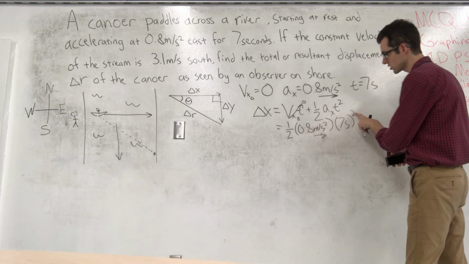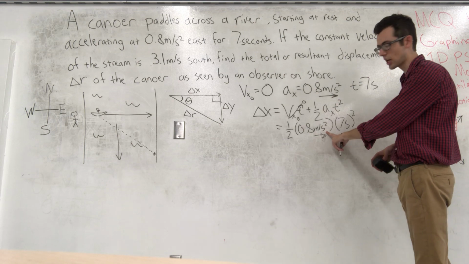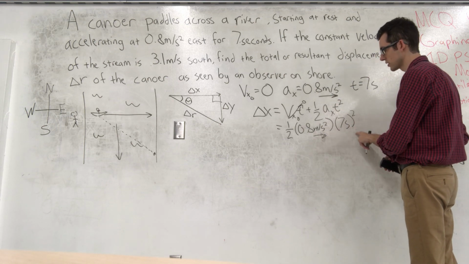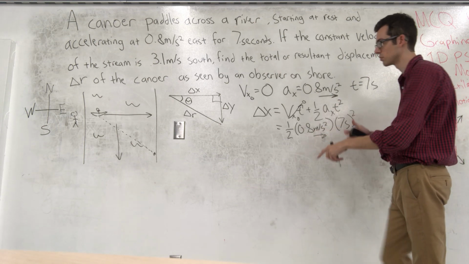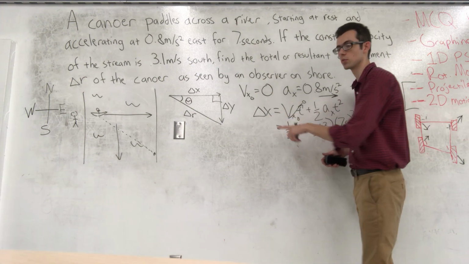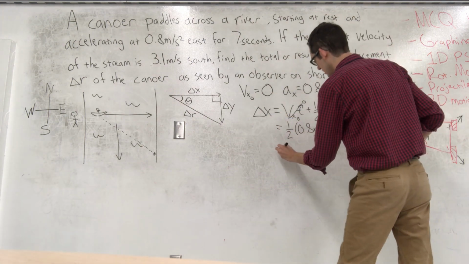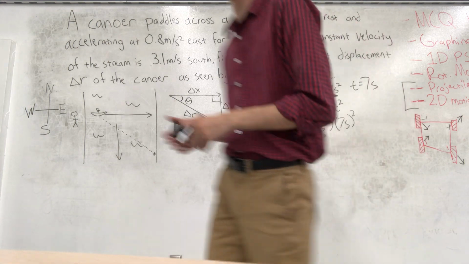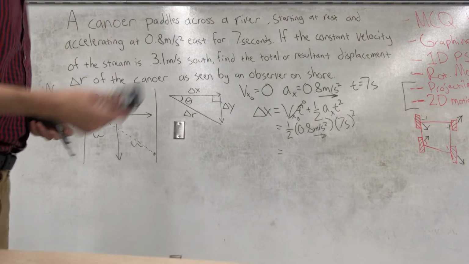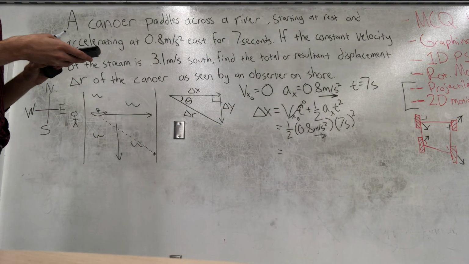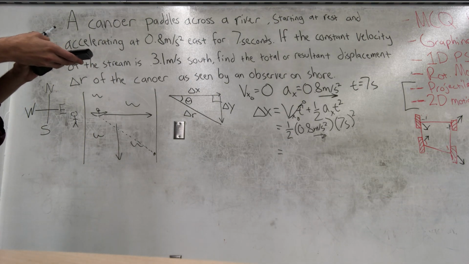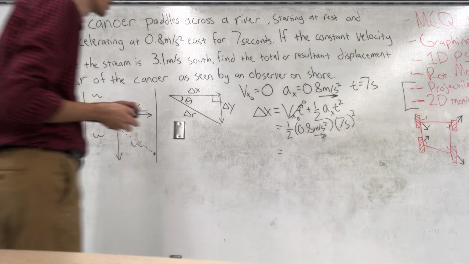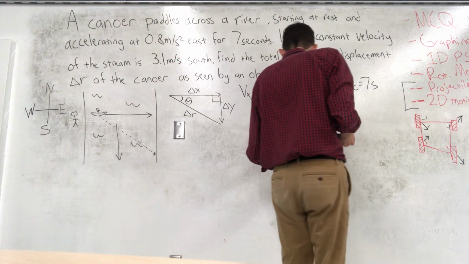We're going to have seconds squared in the numerator and seconds squared in the denominator, so those units will cancel out, leaving us with meters, which is good because we want to report a displacement, which should be in meters. So if we do the math here, 7 squared should be 49, so we'll take 49 times 1/2 times 0.8. This gives us 19.6 meters.